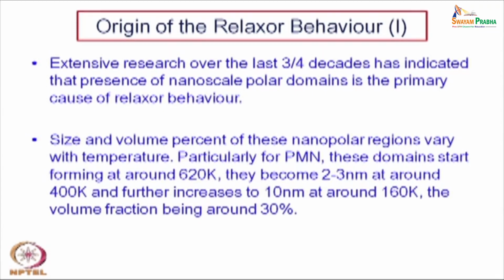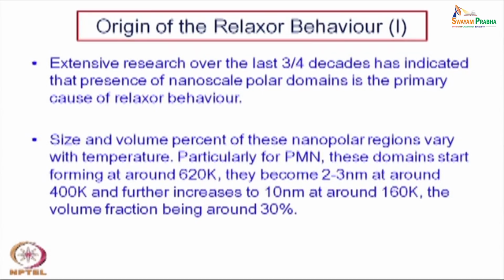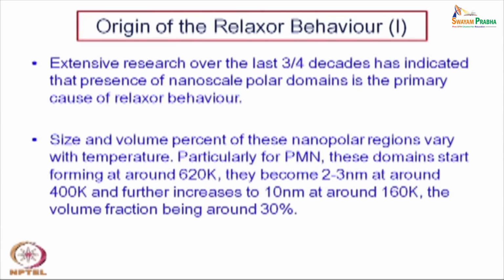The size and volume percent of these nanopolar regions vary with temperature. Particularly for PMN, if you are cooling from a higher temperature, these domains start forming around 620 K, and their size is only about 2 to 3 nanometers.